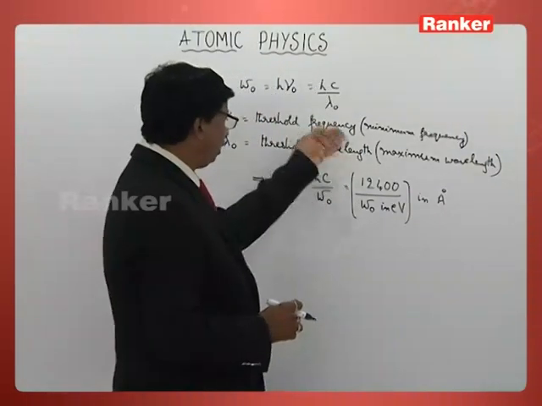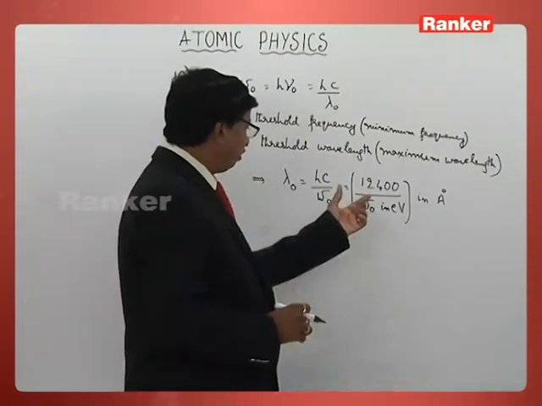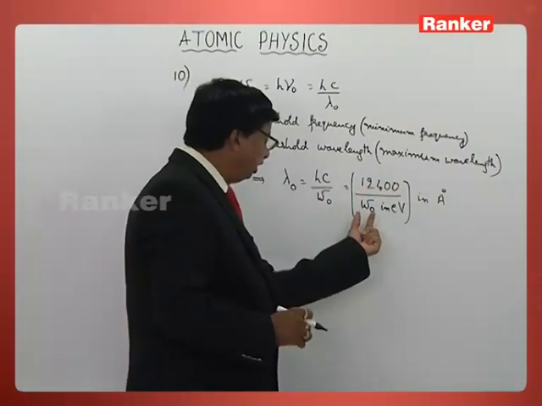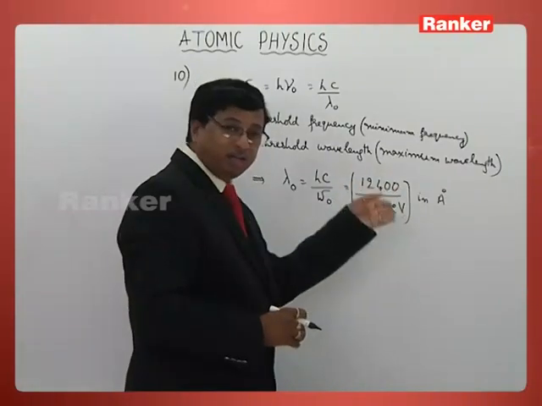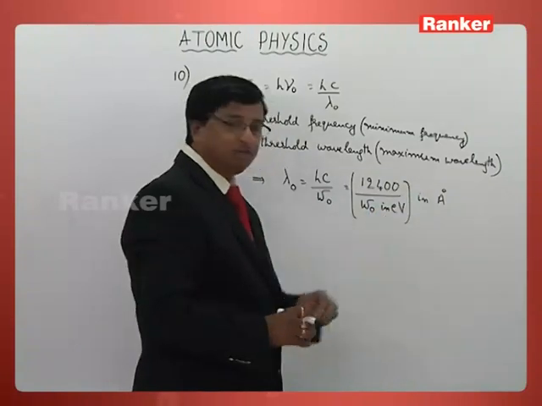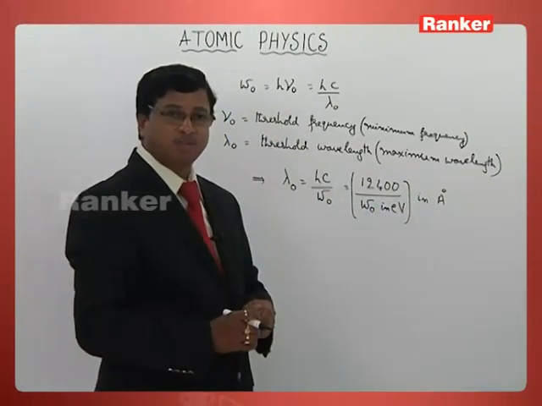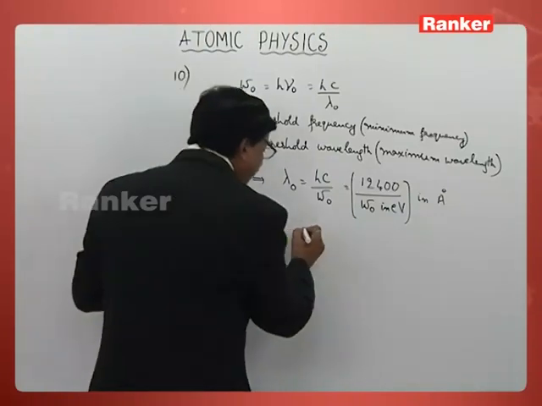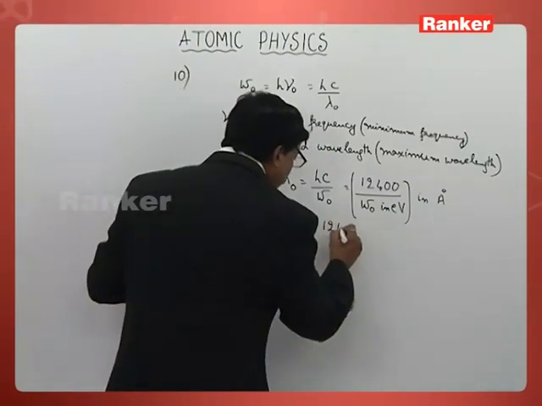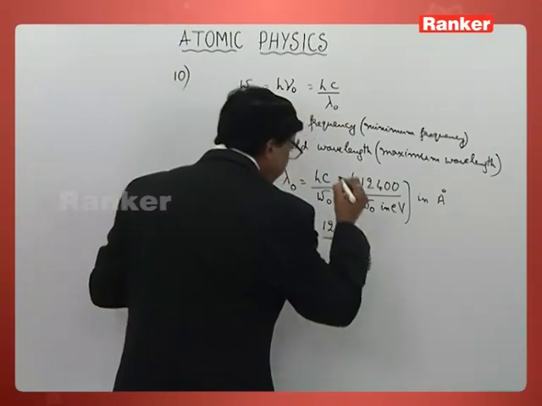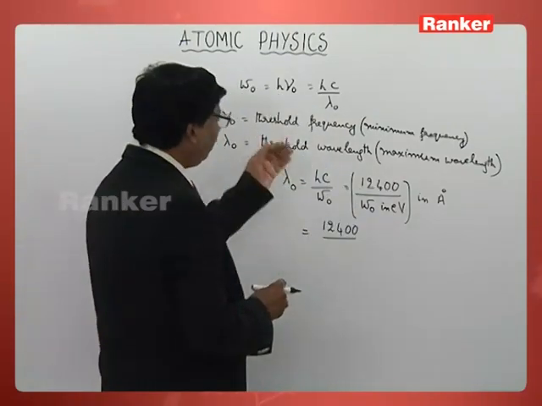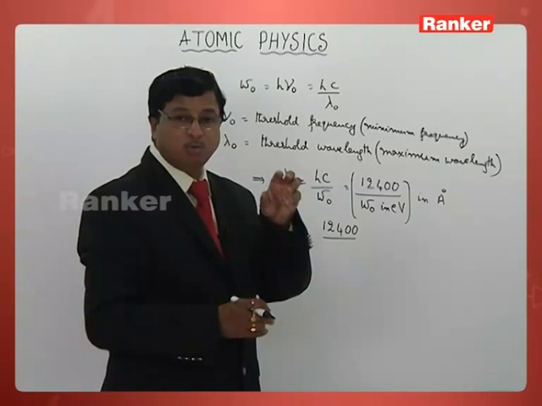Already we have discussed it the other way earlier. Now we are talking about 12,400 by W naught taken in electron volt, that gives you wavelength directly in angstrom units. So what can we write now? This is equal to 12,400 divided by, what is the work function that has been provided to us?